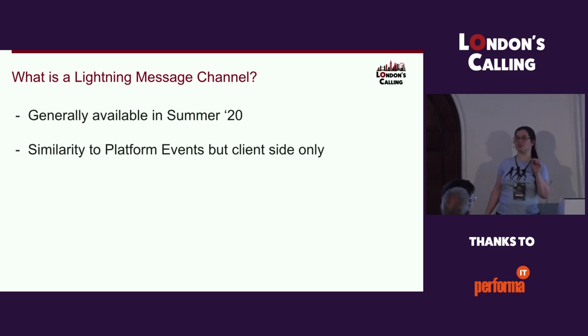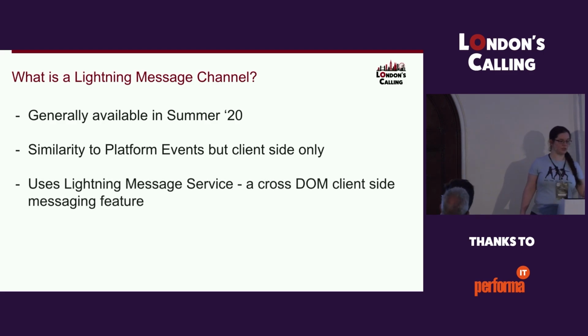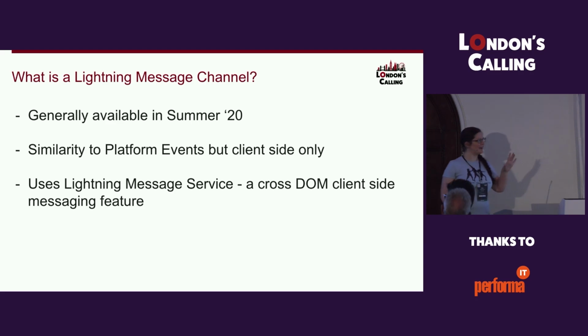If anyone has used the Aura event, it's basically that, but expanded as well. So if you've used Aura events, it's very similar to that. It uses something called the Lightning message service. If you've heard of one and the other and are getting confused, the way I've started to think of it is that Lightning message service is like the rail infrastructure.